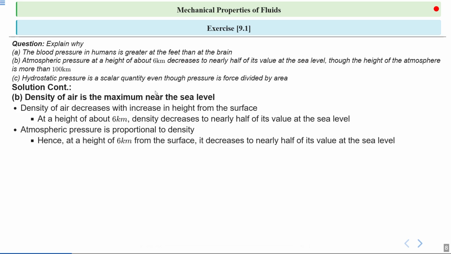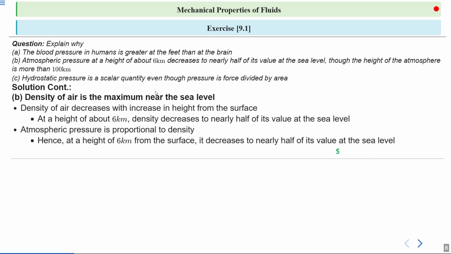So hence at a height of 6 km from the surface, it decreases to nearly half of its value at the sea level. Even though atmosphere goes up to 100 kilometers, most of the air and therefore most of the pressure is concentrated in the lowest few kilometers.